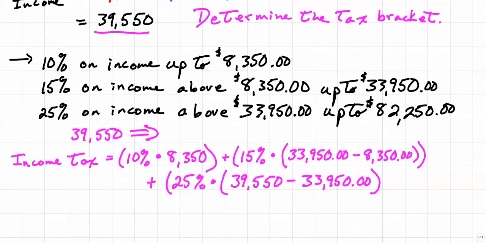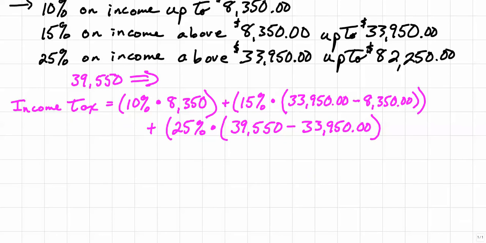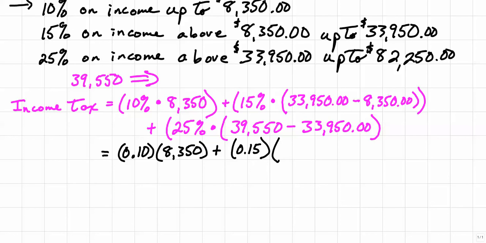Now what I'm going to do is go ahead and simplify this. We'll have 0.10 times 8,350 plus 0.15 times the difference of 33,950 and 8,350, which is 25,600.